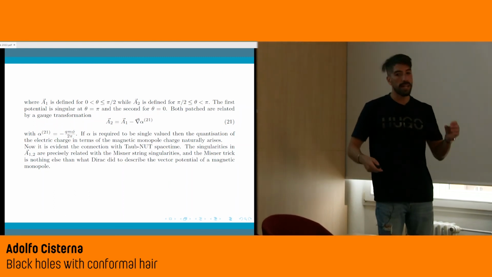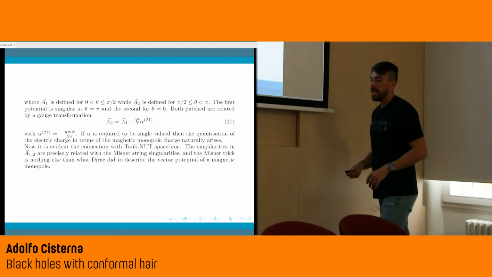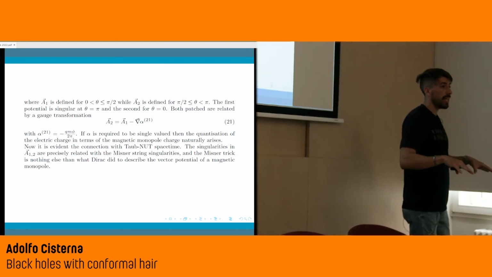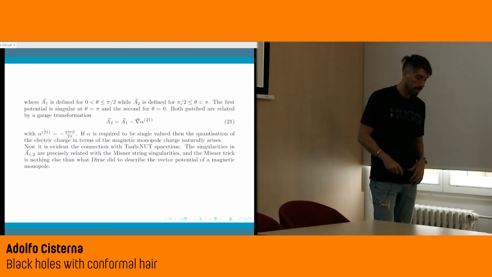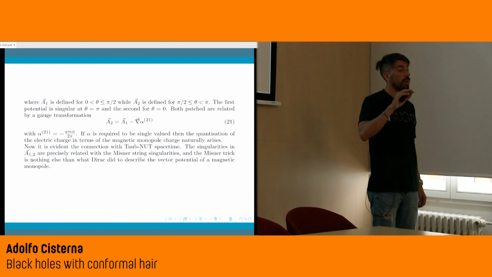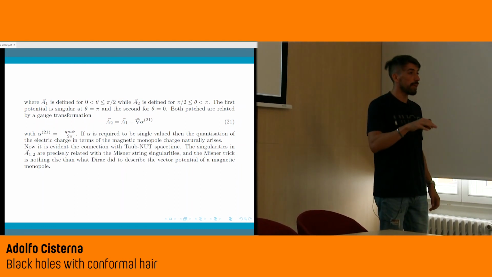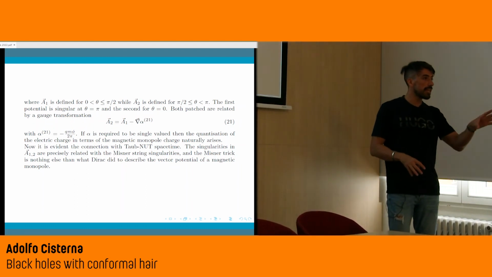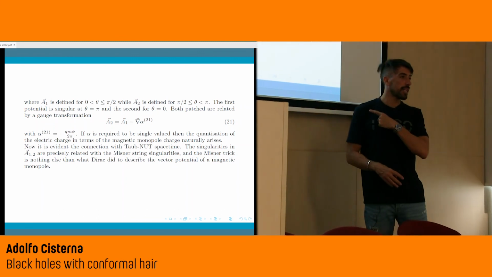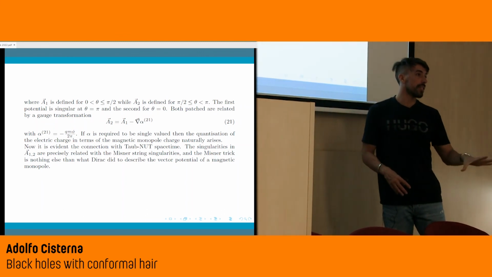How is that? Well, he was analyzing actually how a charged particle will move in the presence of magnetic monopoles, and he was analyzing this from a quantum mechanics point of view. In that quantum mechanics point of view, he understood that the electric and magnetic charge need to be related, and the electric one gets quantized in terms of the magnetic one, if the magnetic monopole exists.